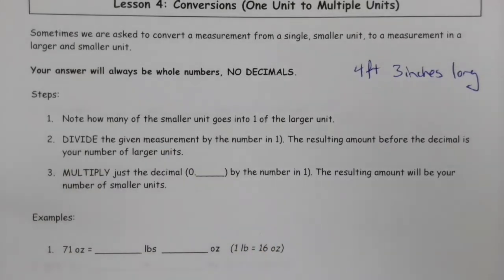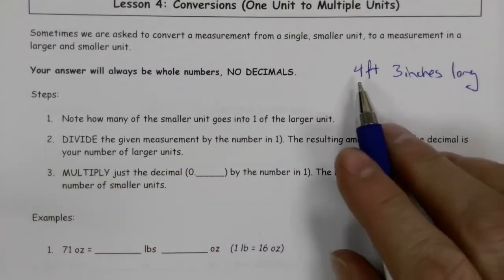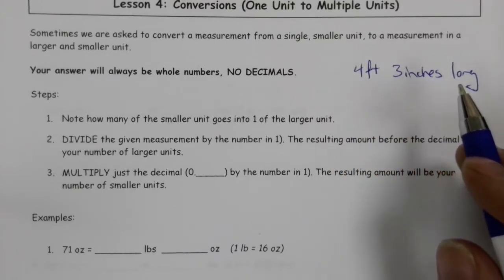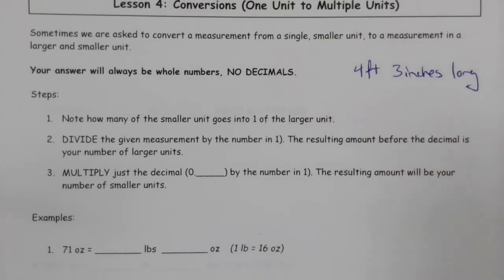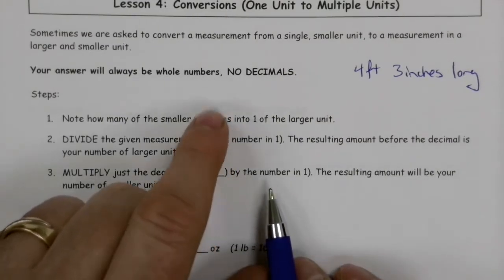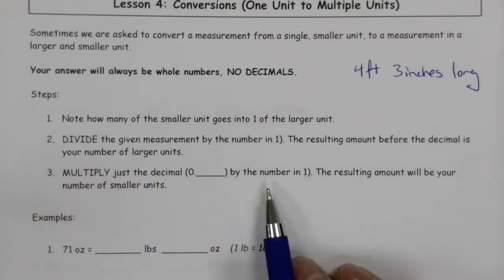Typically what you get is a decimal number. The whole number part of that we pull off to the side. This would be your whole number. Then we have a decimal left over that we have to convert into a whole number, and we do that by simply multiplying the decimal again by that number that we found in step one.